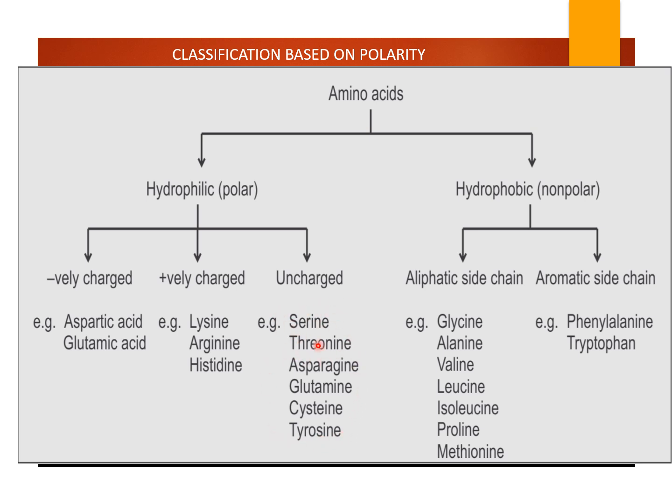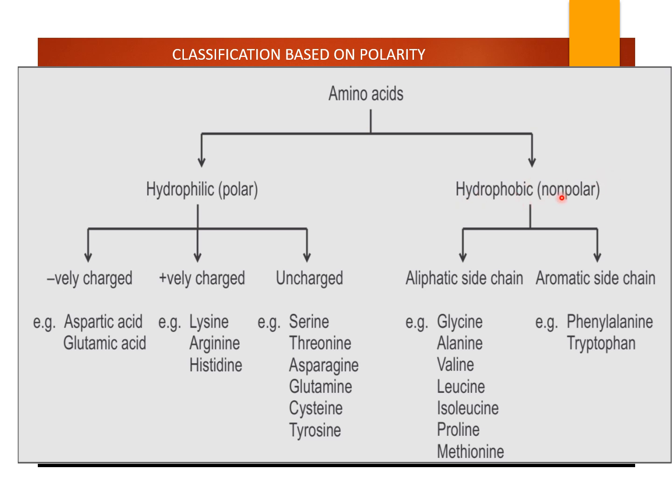In threonine, there is a hydroxy group present. Asparagine and glutamine have the amide group, cysteine has the SH thiol group, and tyrosine has the hydroxy group in the ring.